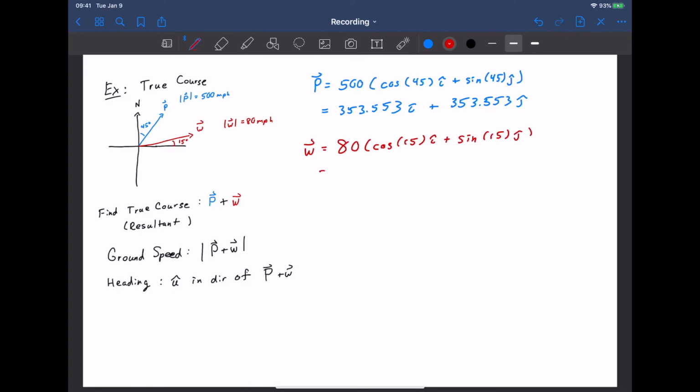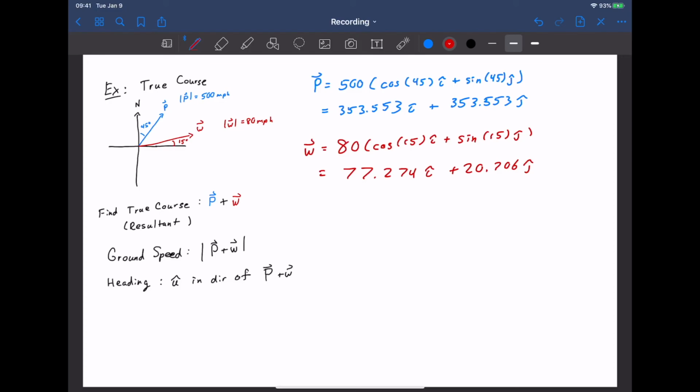So I'll say this, if you got those numbers the same, you messed up. This should be 77.274 in the i hat direction, and the sine should be smaller than that, plus 20.705 or 706 in the j hat direction.